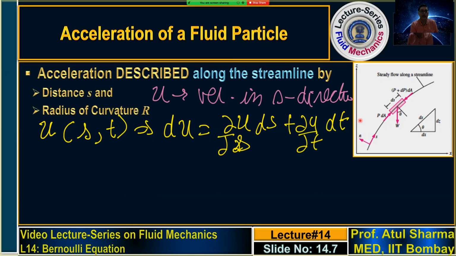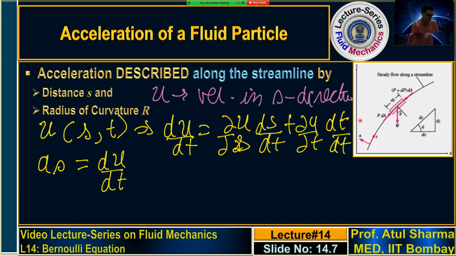Now if you divide this by dt, you can basically get acceleration in the s direction, which is du by dt.